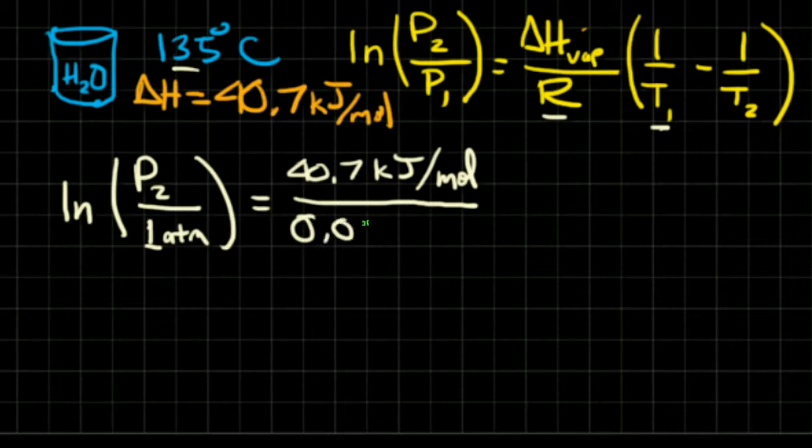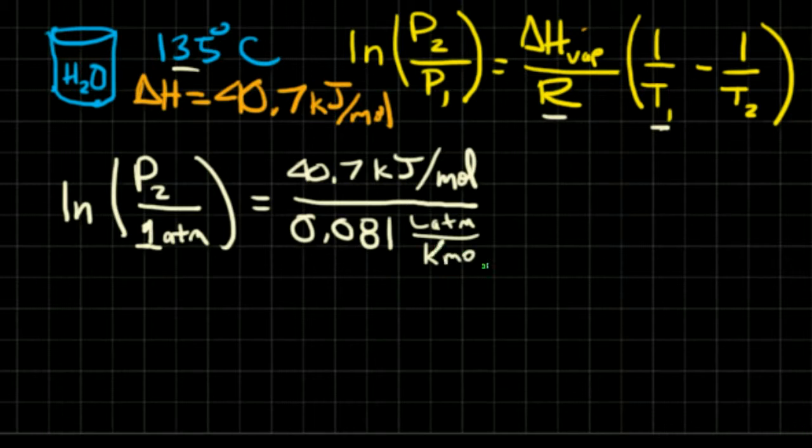It's 0.0821. Is that what I want? Yes, it is. Okay, so this is going to be in liter atm per K-mole. That's 1 atm here, so don't get that confused.